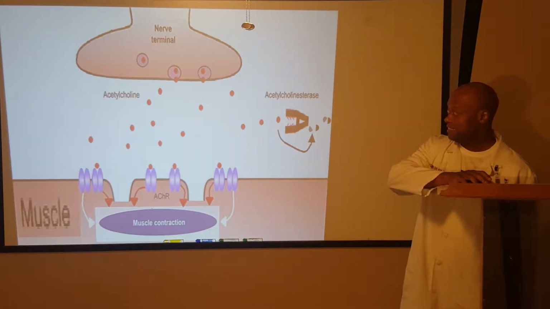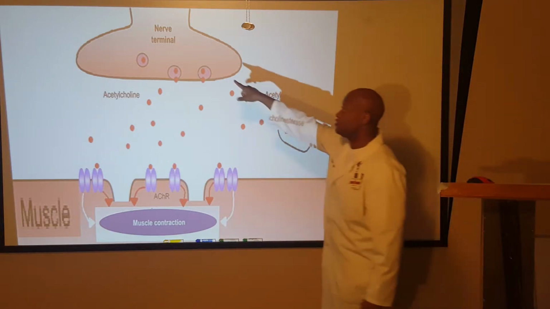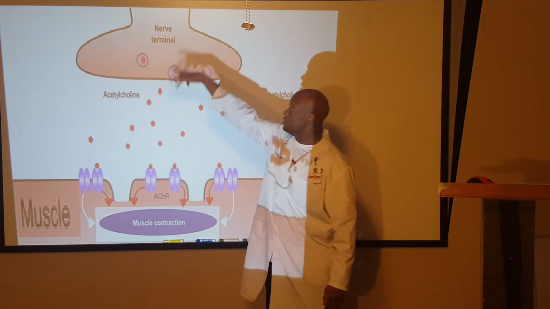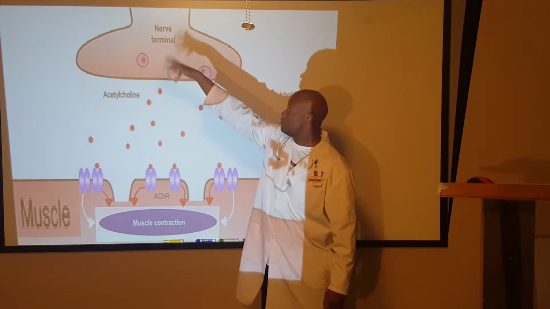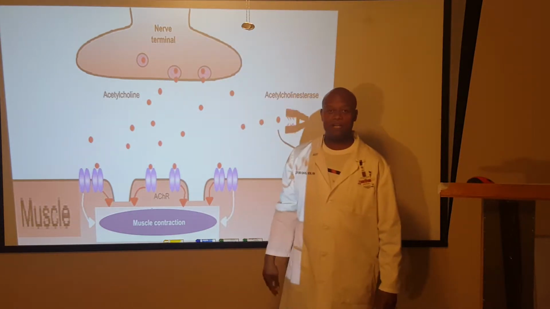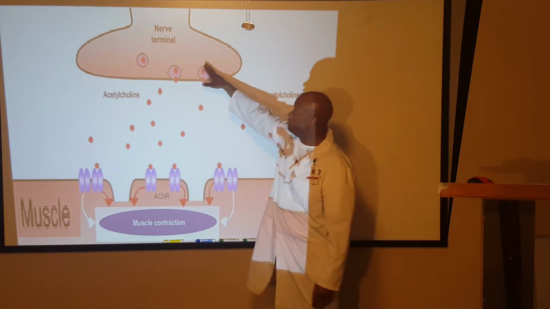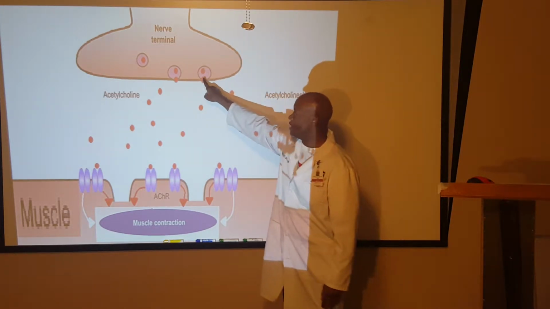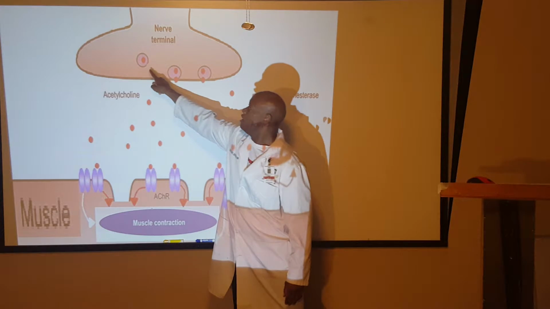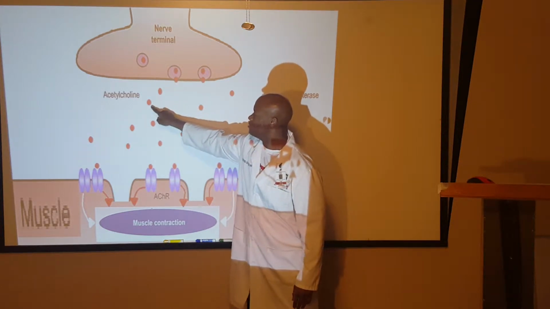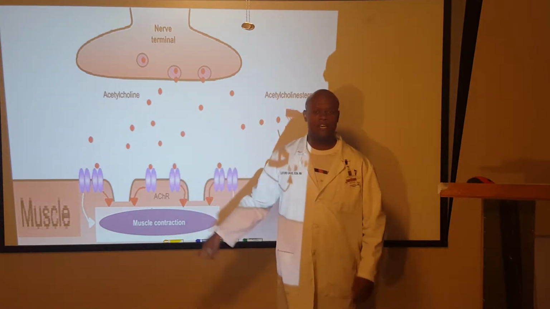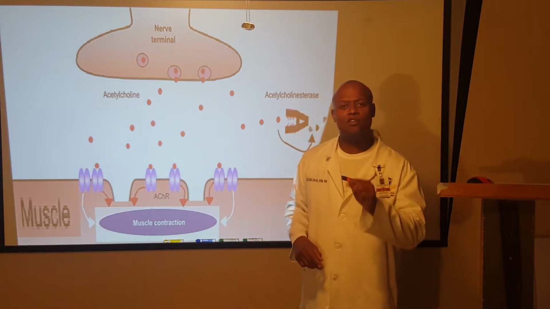It is this. This is the nerve terminal, coming from your neuron, like an axon coming away from the cell body. And it's got little vesicles of acetylcholine. Acetylcholine is these little red dots. I want you to think about them being salt sprinkles.